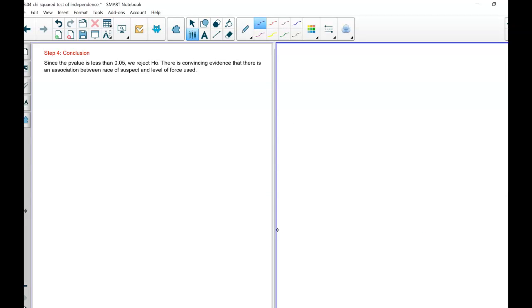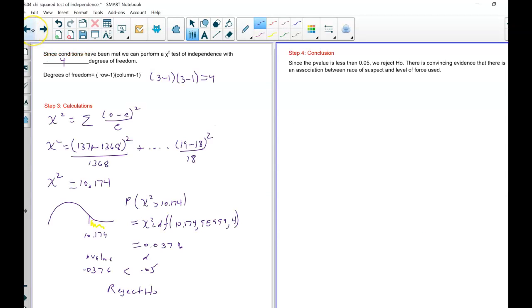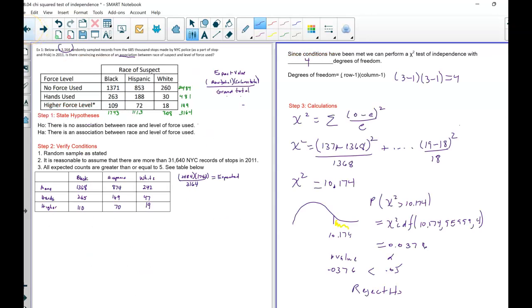And so if we look back at our actual data, we see there was less than expected with Caucasians, and then you can see that there's more than expected with Hispanic, and less than expected with youth.